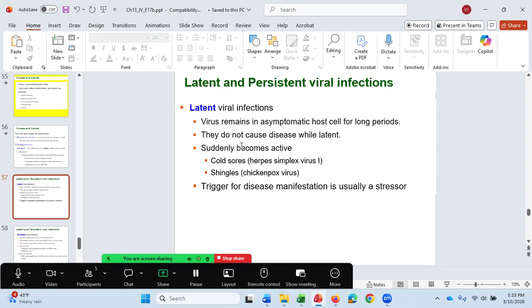While the virus is latent, it does not cause disease, the virus does not replicate, and does not damage the host. It just sits and waits, and then when the virus leaves latency, it tends to enter the budding life cycle, and the virus will replicate, can damage the host, and then cause disease.